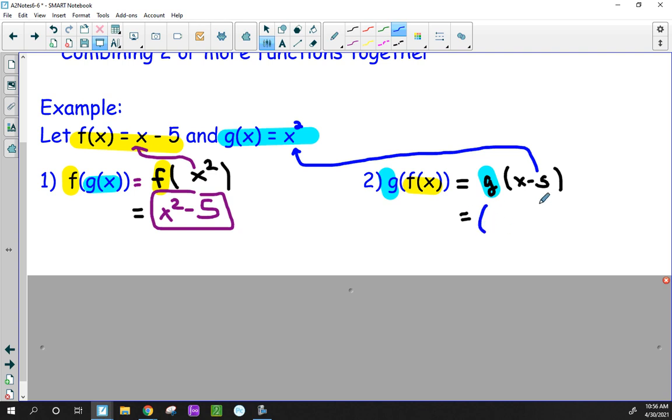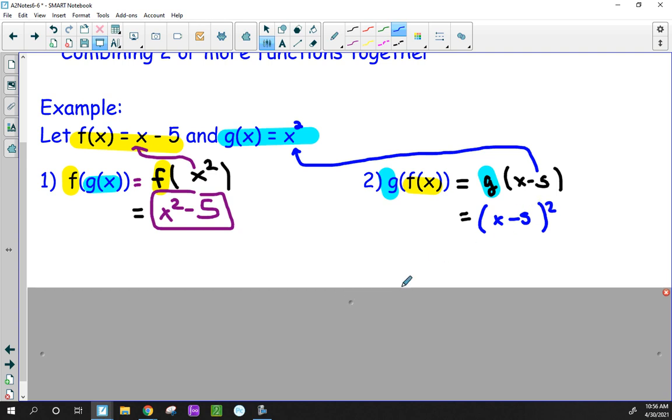So mine says x squared. That means I'm going to write x minus 5. And then I'm going to have to square it, but I'm going to show that outside the parentheses. So all of this has to be squared. And we know from the past, because we've done this multiple times this year, if it's a binomial squared, you're going to have to write it down twice and use the FOIL method.